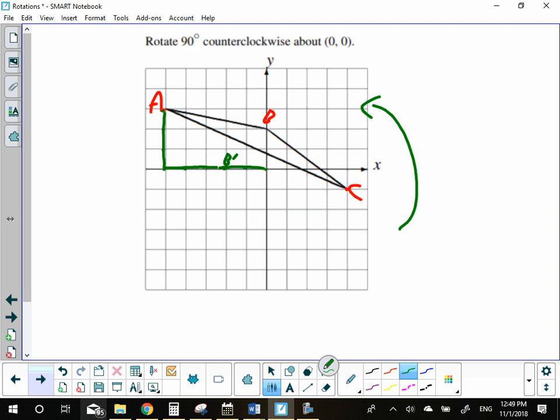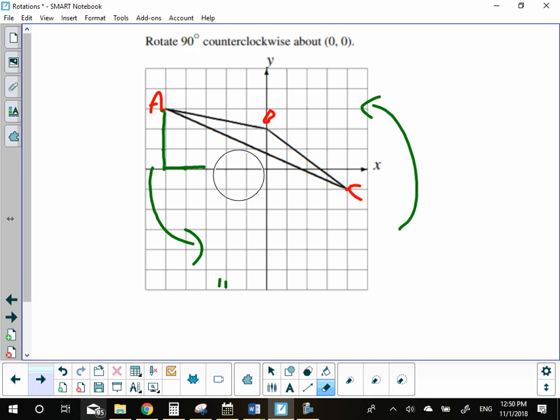If I move this in this direction, this line's going to end up looking more like this. Instead of going left 5, we're going to end up going down 5. Instead of going up 3, we're going to end up going over 3. So this ends up being our new point down here of A prime. So you guys see what I'm doing? No. Yeah.